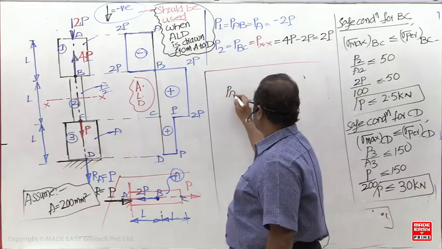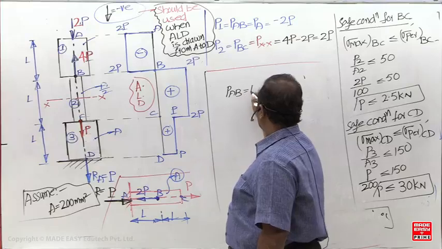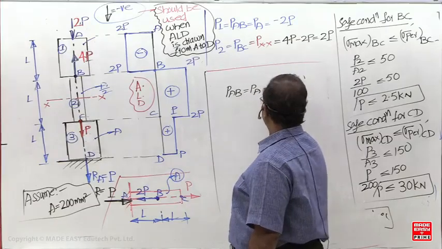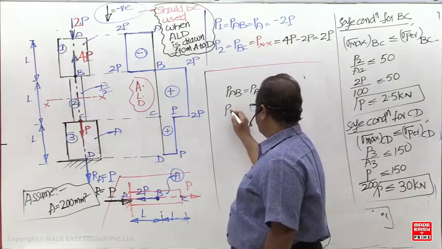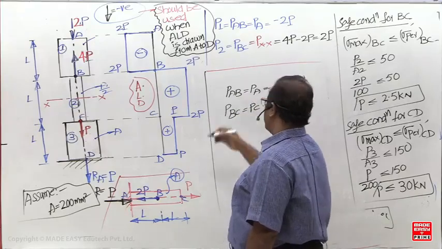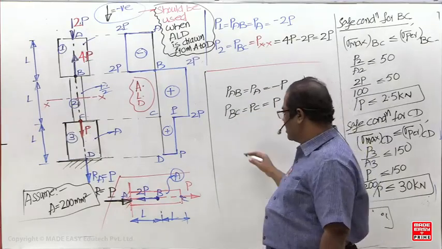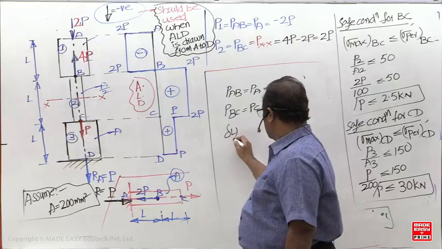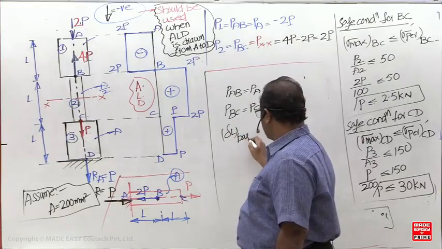Load in AB equal to load at A. What is the load at A? Minus P. Load in BC, load at C, plus P. So what is the change in length of the bar? 0.